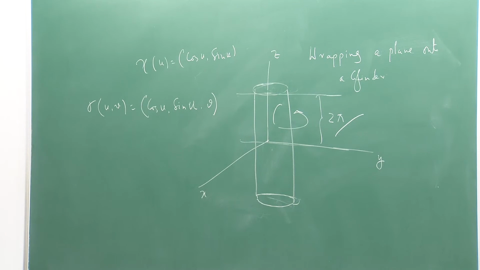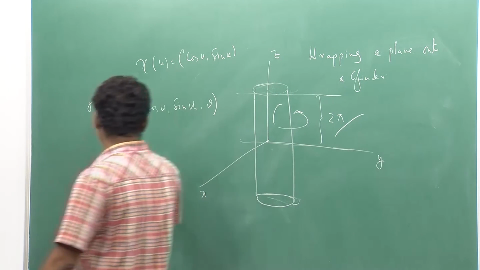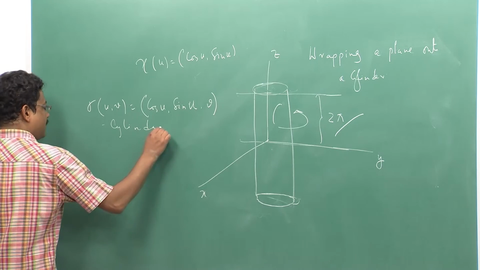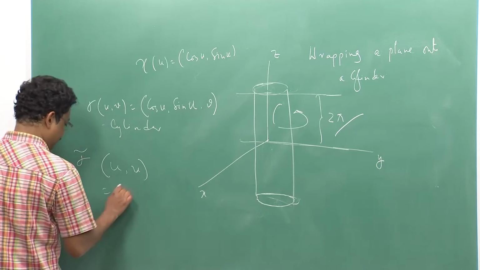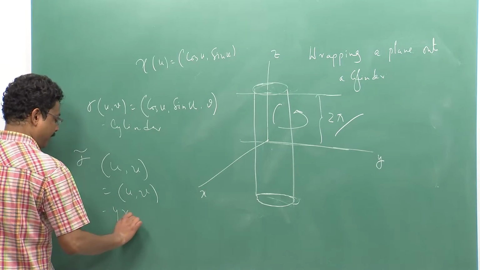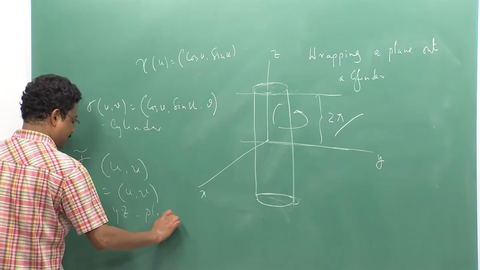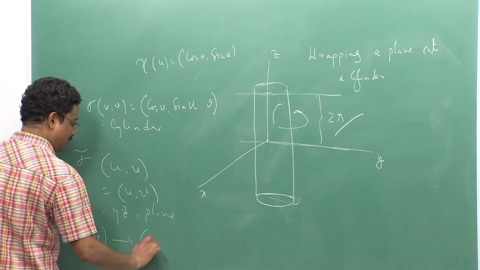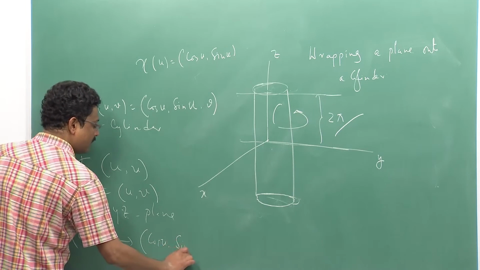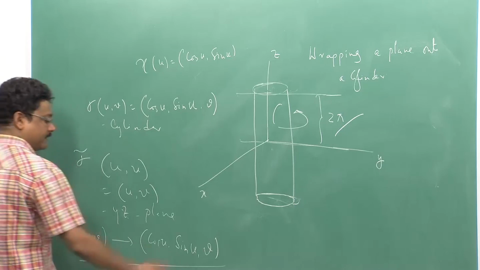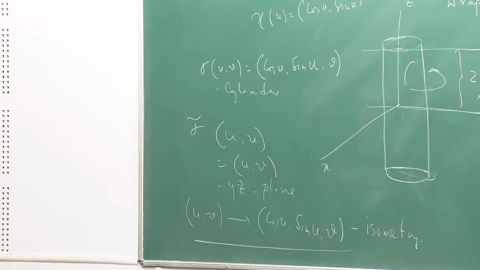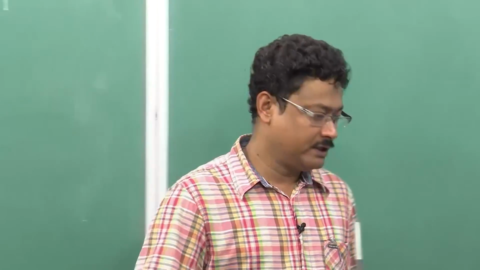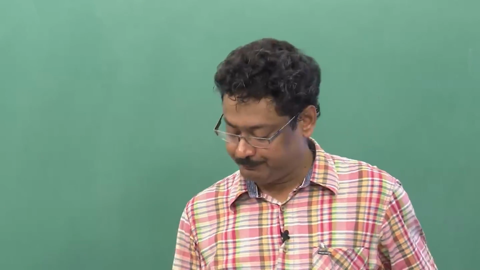Here, in this particular case, this is the cylinder and this is the YZ plane. What is an isometry? It preserves the length of curves. Since this is an isometry, they have the same first fundamental form, and that is the theorem I want to prove, then everything will become clear to you.